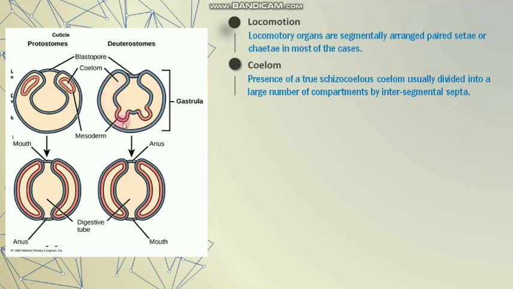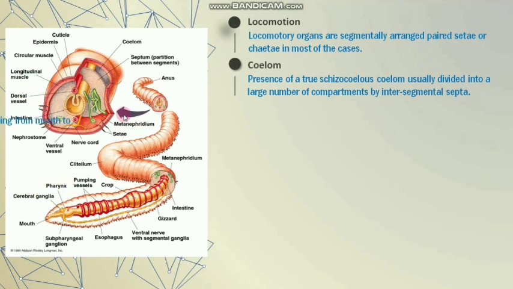So keep in mind, in case of the schizocoelous coelom, the mesoderm is formed from cells escaping from the ectoderm and placing the cavity. Then in case of the enterocoelous, some of the cells of the endoderm are escaping, and that will be lining the body cavity.